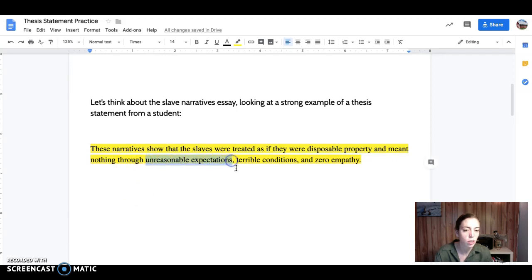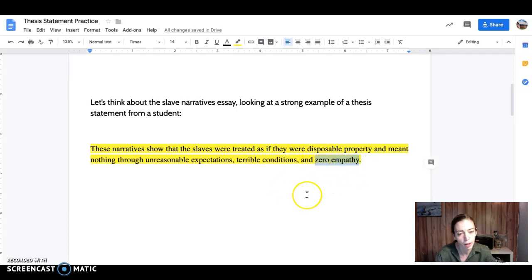Unreasonable expectations is reason number one. Terrible conditions is reason number two. And zero empathy is reason number three. So this student is setting it up to where he's going to write one paragraph about unreasonable expectations that were put on slaves. Then his next body paragraph is going to talk about the terrible conditions that they endured.